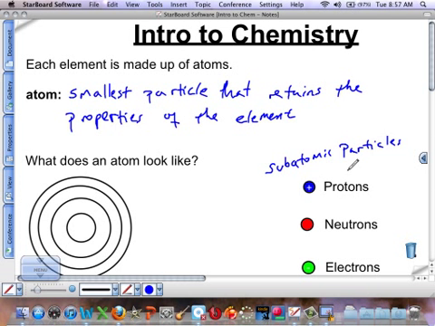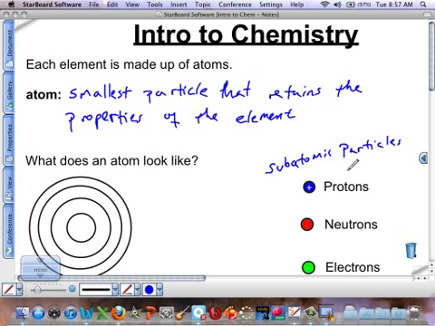Protons, neutrons, and electrons. Okay, protons have a charge. What's their charge? Positive. Electrons have a charge. What is it? Negative. And the neutrons actually don't have a charge because they're neutral.